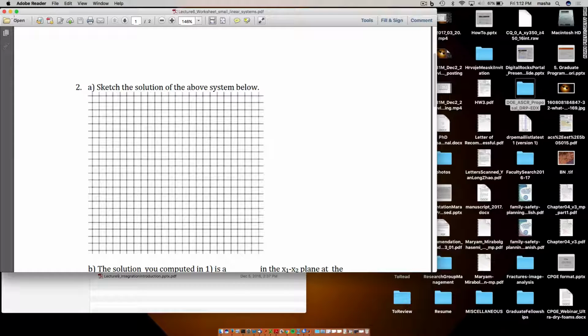So I'm going to place a title, Gaussian elimination.